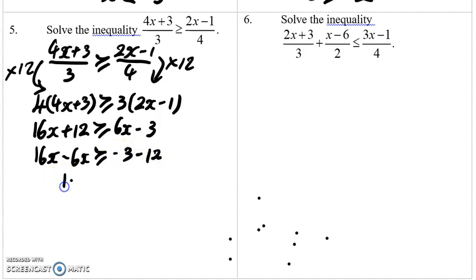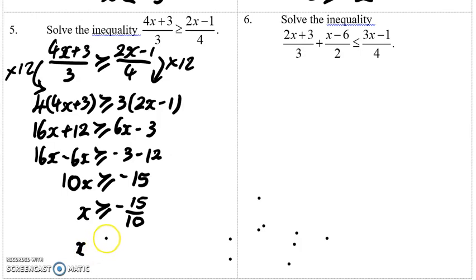So this gives me 10x more than or equal to minus 15. So x will actually be more than or equal to minus 15 over 10. So x will actually be more than or equal to minus 3 over 2. x will actually be more than or equal to minus 1.5.